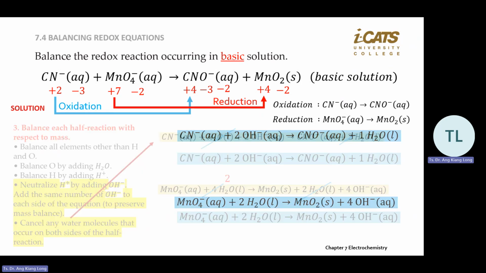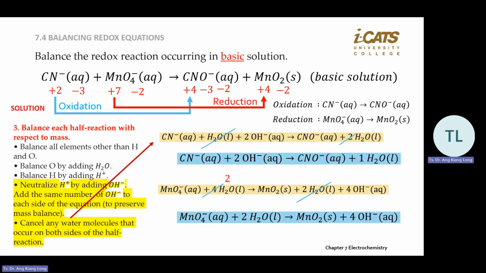So what is different from the previous slide is these steps. You need to know whether you need to cancel the water or add the OH. If you see the question has a bracket behind it saying basic solution, then you need to execute these steps.